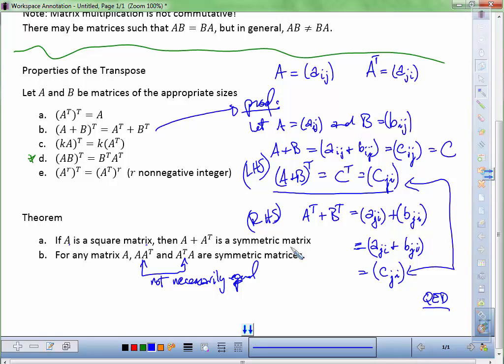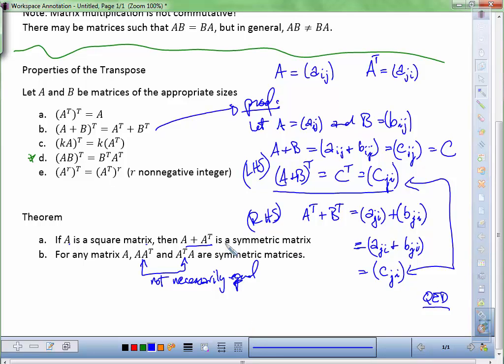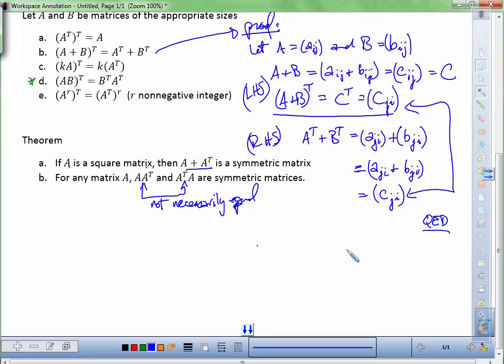I'm kind of interested in proving this one for some reason. Let's see if we can prove it. Let's see if we can prove that if A is a square matrix, then A plus A transpose should be symmetric. So let's let A equal this Aij business again.